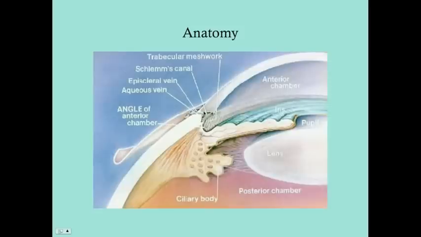So if you look at the anterior chamber a little bit more closely, you have Schlemm's canal and the angle of the anterior chamber. Those are clinically of paramount importance because if these were to become blocked, as they do in acute angle closure glaucoma, or as they could in anterior uveitis, you will not be able to drain aqueous. And if you're producing aqueous, well, you have to have a way of draining it too.